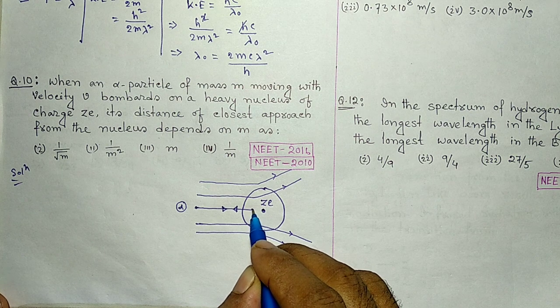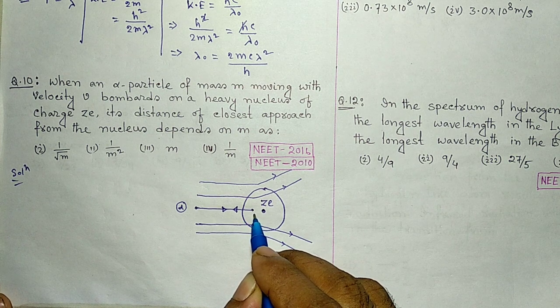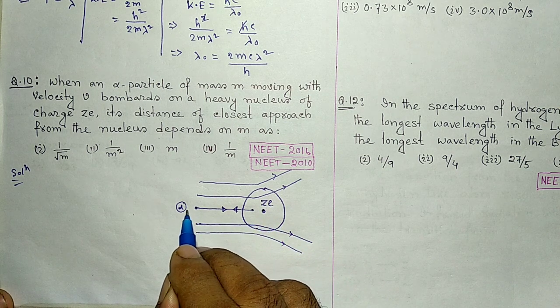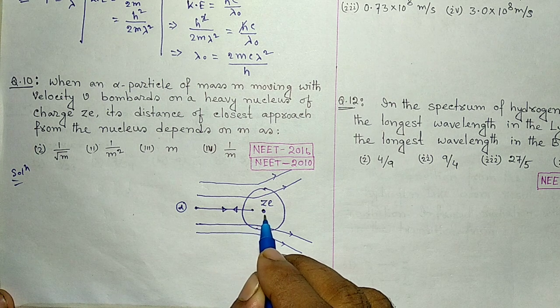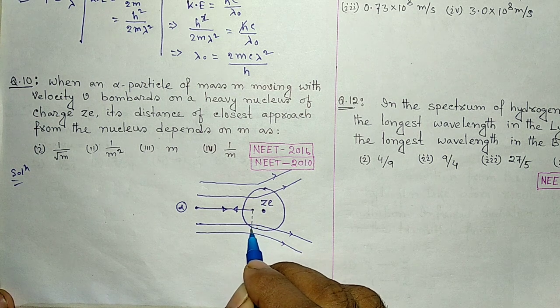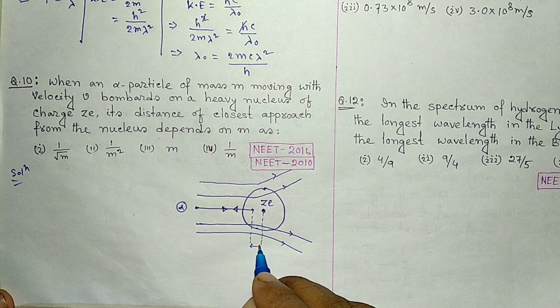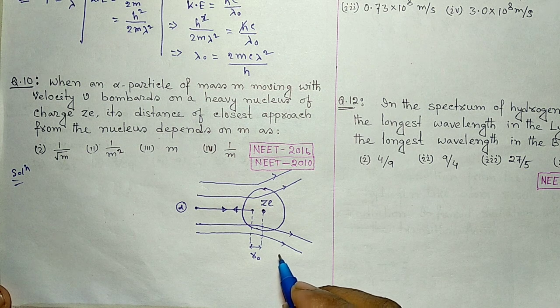There is no loss of energy, so all the kinetic energy is converted into potential energy. The alpha particle comes as close to the nucleus as that distance. This distance is known as the closest approach, denoted by R naught.